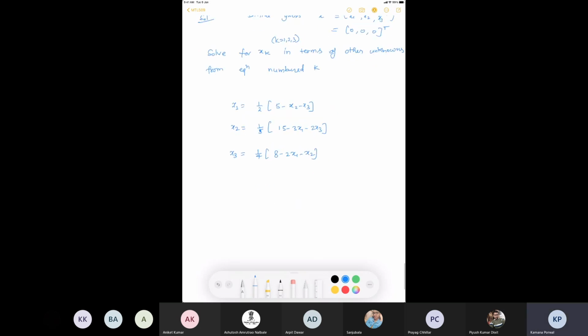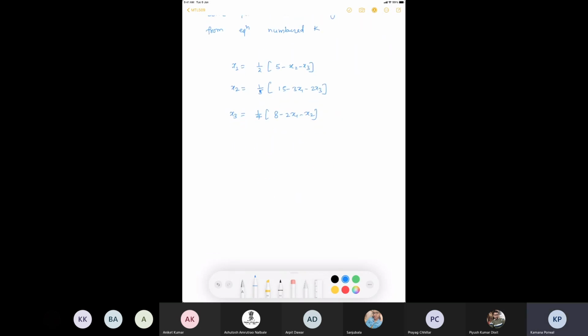Now I can easily write down the iteration for the Gauss-Jacobi method, right? The iterative sequence.